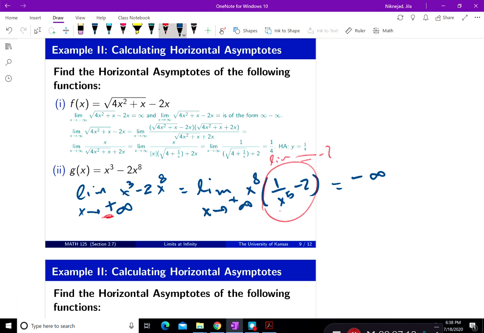And so if it's negative, then x to the power 8 is still a positive value, and multiplied by negative, it's going to be a negative infinity.